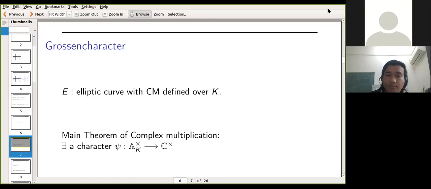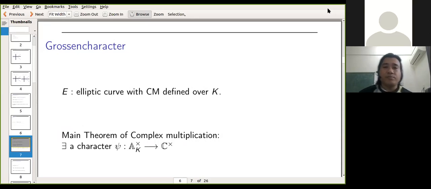And so once I have an elliptic curve with complex multiplication, and this is defined over K, it's important for us to assume that E is defined over the field of complex multiplication. Then there is something which is known as the main theorem of complex multiplication.